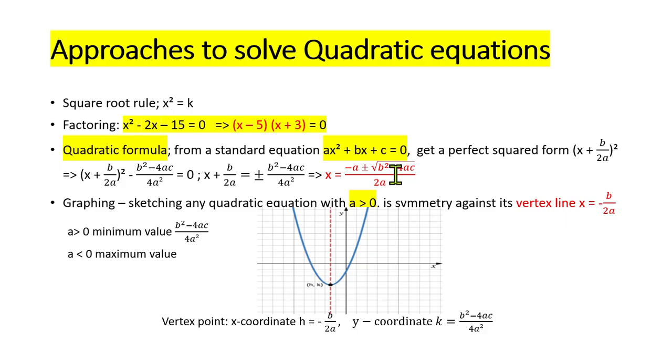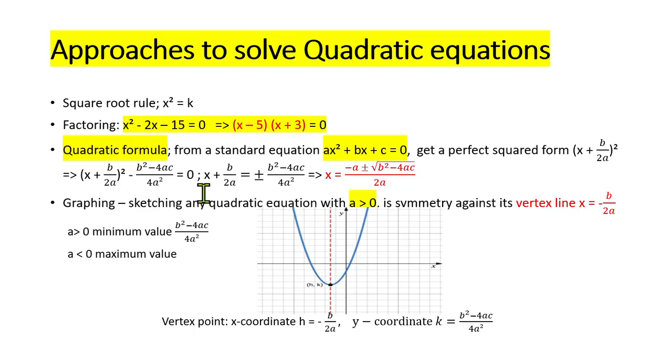but we try to make a perfect square form by using the first two terms, ax squared plus bx. So like x plus b over 2a, squared, but you use the extra term b squared minus 4ac over 4a squared, so you have to subtract that.